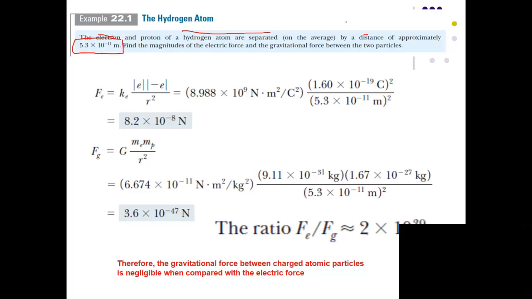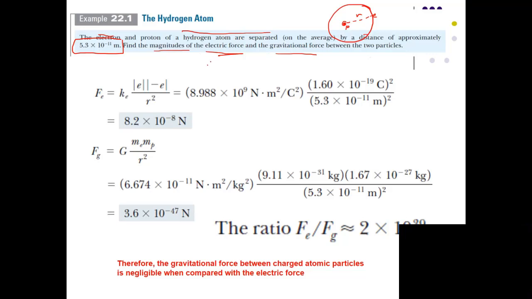Think about it: this is the proton, and there is the electron. Classical physics tells us this electron is going around it. So this is the proton, this is the electron, and there is a distance between them. The question asks us to find the magnitude of the electric force and the gravitational force between these two, so we can compare them.